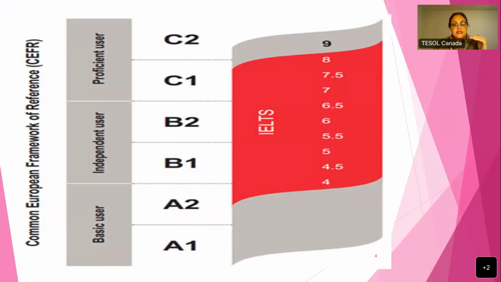If their level is B1, to get to 6.5 they have to study English to advanced level. Then they try to take IELTS classes for techniques. So the level of the students' knowledge is very important in the band score. In other words, it's not only techniques, but also the knowledge, which is the most important part of it, actually.